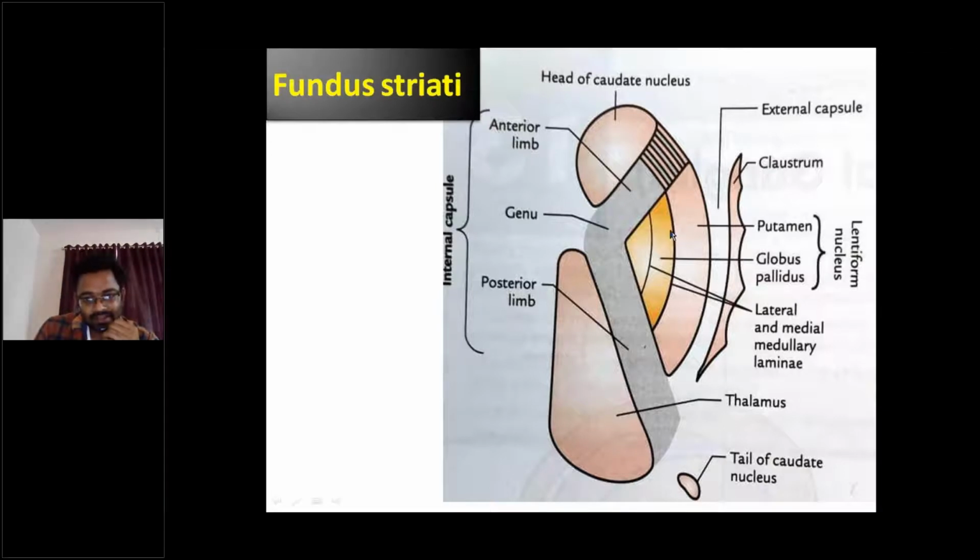Further laterally, the lentiform nucleus. Lateral to the lentiform nucleus, the external capsule, and a saucer shaped mass of gray matter called the claustrum. Outside the claustrum, this is the extreme capsule. So these are the relations of the head of the caudate nucleus.